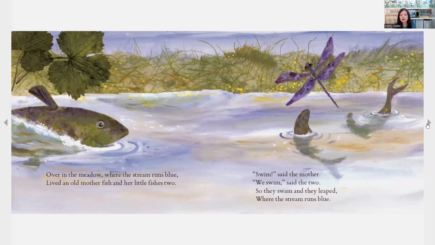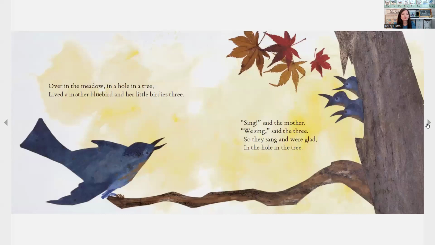Swim, said the mother. We swim, said the two. So they swam and they leaped where the stream runs blue. Over in the meadow, in a hole in a tree, lived a mother bluebird and her little birdies 3. Sing, said the mother. We sing, said the 3. So they sang and were glad in the hole in the tree.